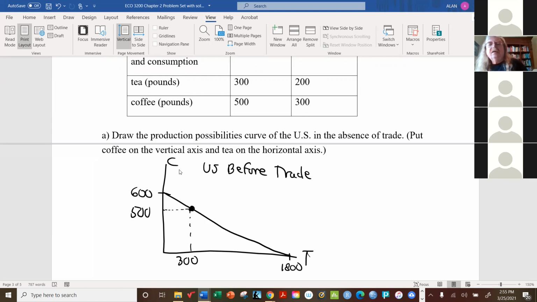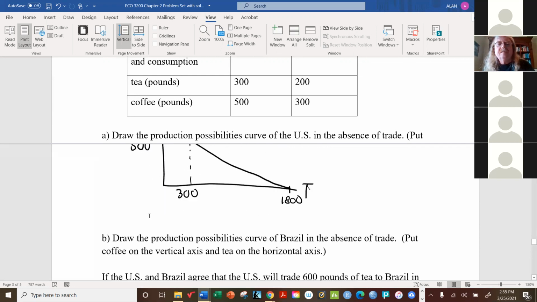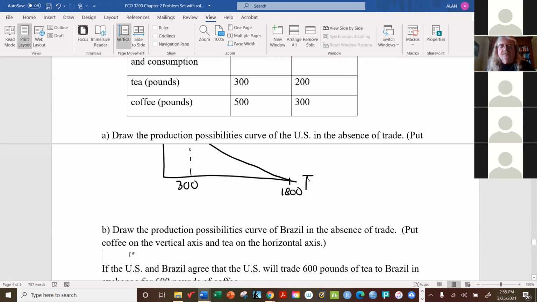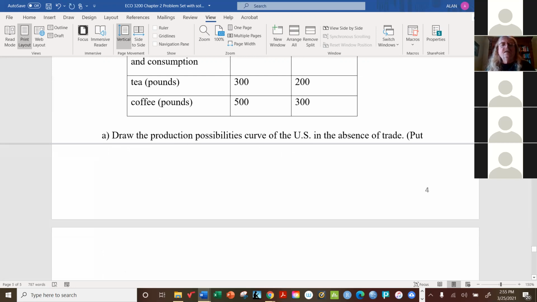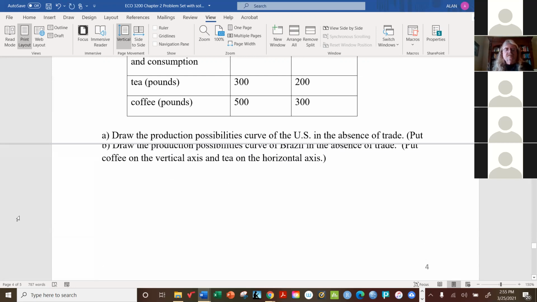All right, now what about Brazil? Let's do the same thing for Brazil. Okay, so what's going on over there? They've got the capability of making, let's see, what can they produce? So remember, coffee goes here, tea goes here. Brazil, before trade.